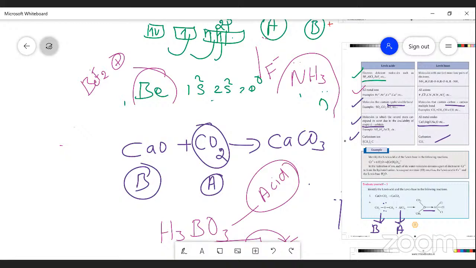Okay students, do you have any doubt regarding the acid bases based on the Arrhenius, Bronsted-Lowry and Lewis concepts?